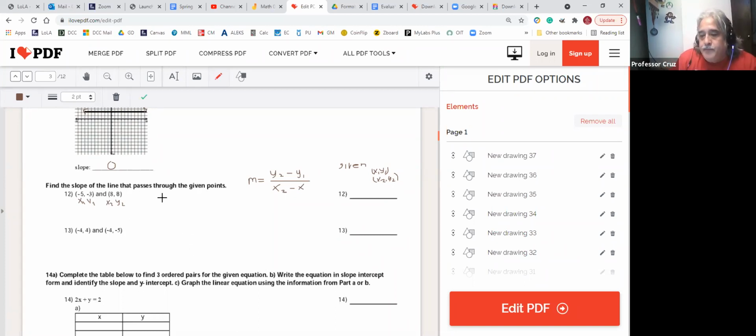All right, so we got 8 minus 3 and 8 minus, so this is 8 plus 3 and 8 plus 5. So this is 11 over 13. That's the slope.